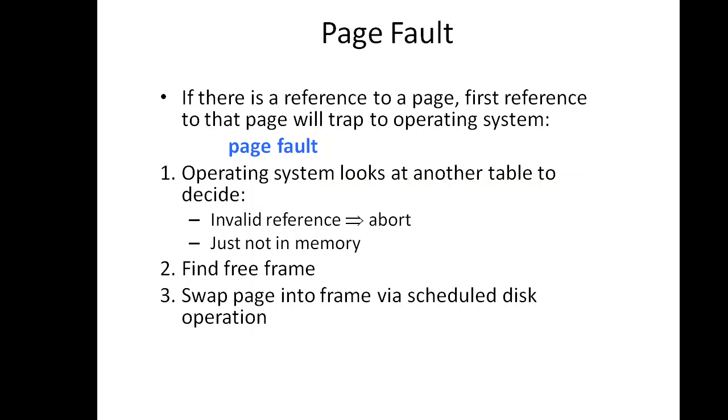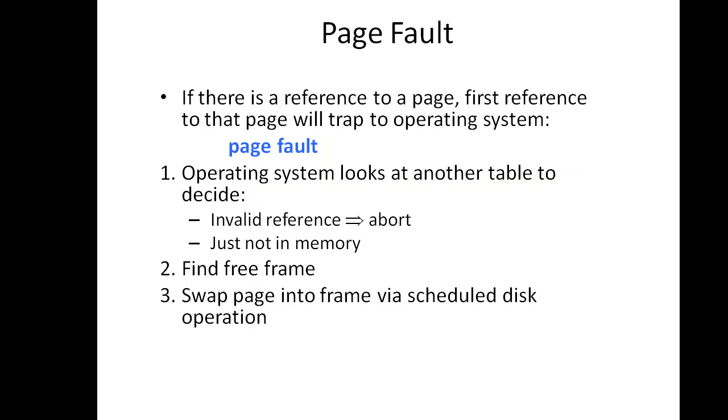The next step is we should check for a free frame in order to bring that particular page into the memory. This can be done by checking the free frame list. From that we will get to know which frame is free, so that we can bring that page into that particular frame.